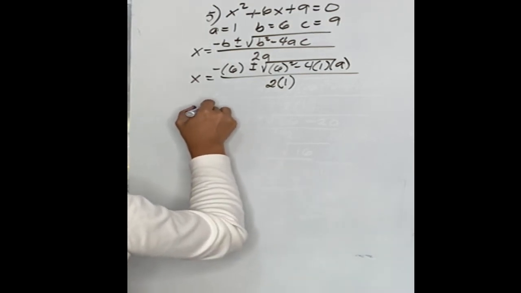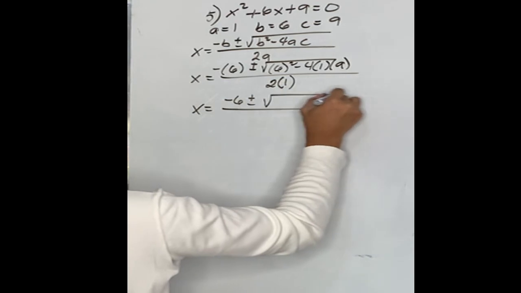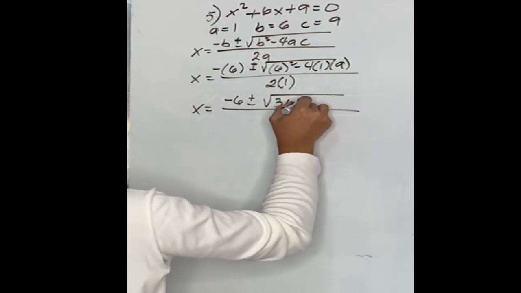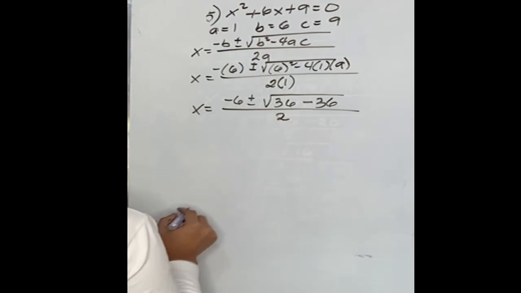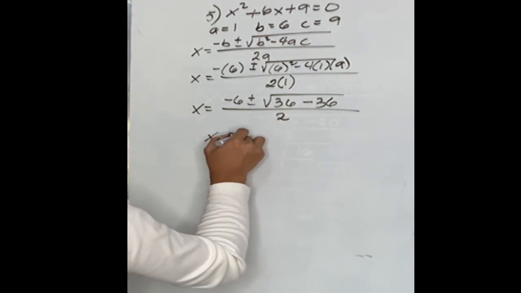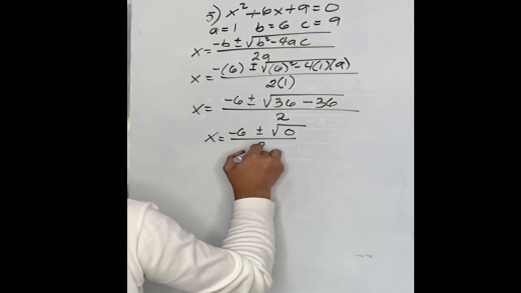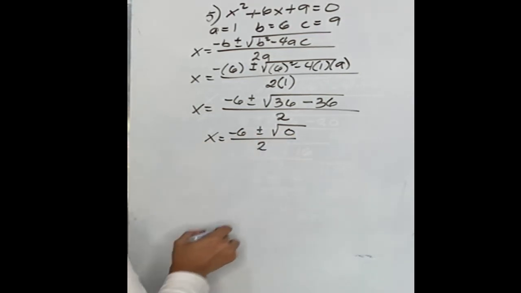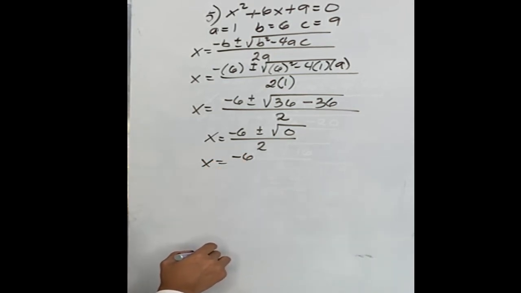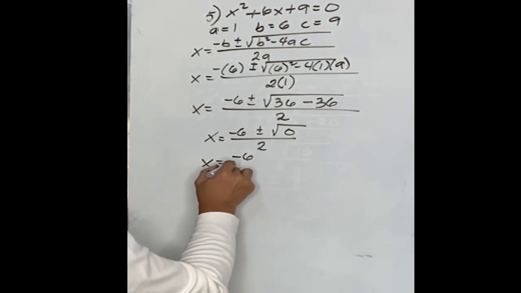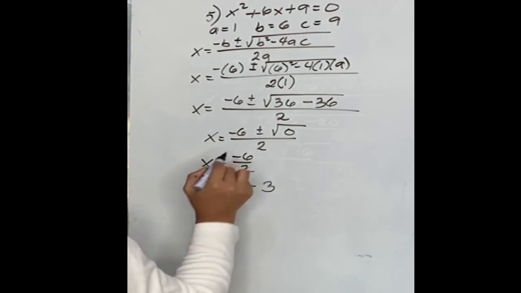So solving, x is equal to negative 6 plus minus the square root of 36 minus 36 all over 2. X is equal to negative 6 plus minus the square root of 0 all over 2. Continue, x is equal to negative 6 plus minus 0 is 0. So, negative 6 over 2. So, x will be negative 3.